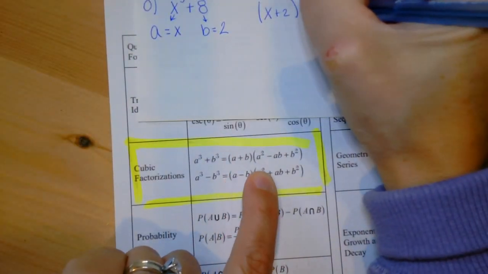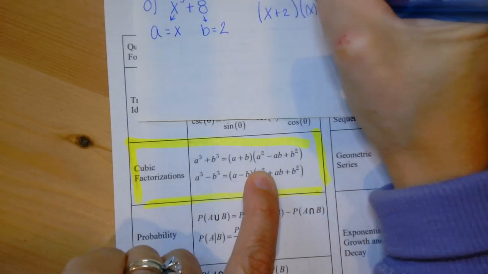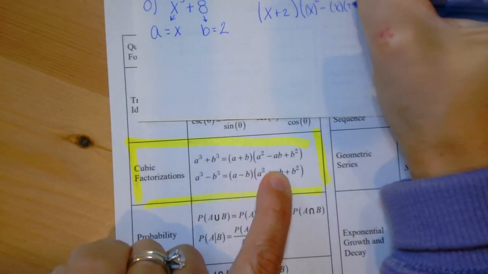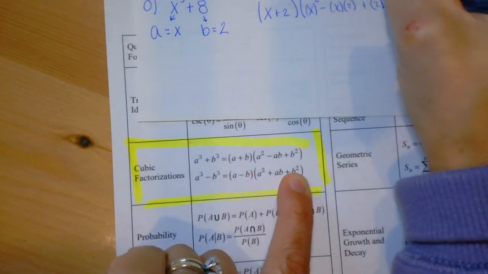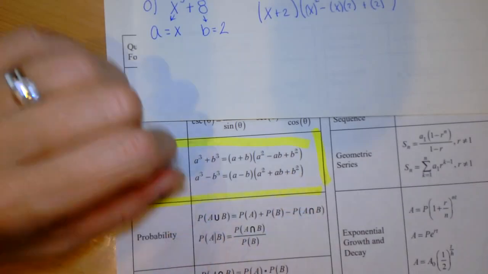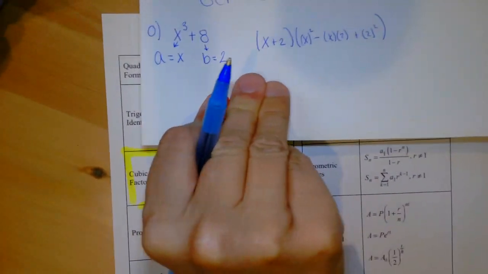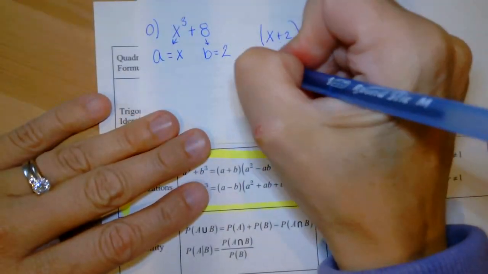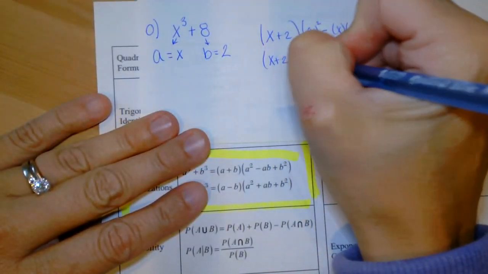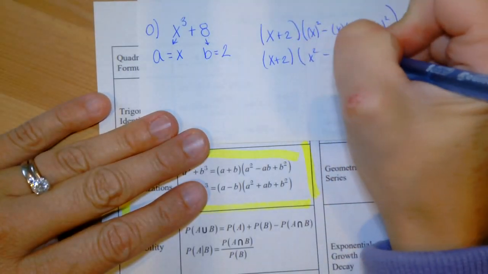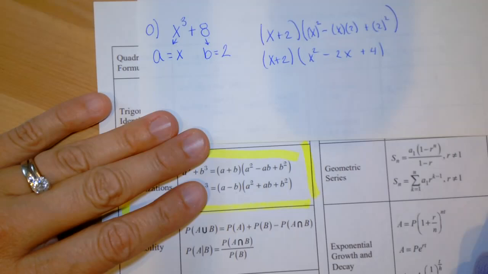So I'm going to plug in my a, which is my x squared, minus x times 2 plus 2 squared. And then I'm going to clean that up. Figure that out. So I have x plus 2 times x squared minus 2x plus 4.